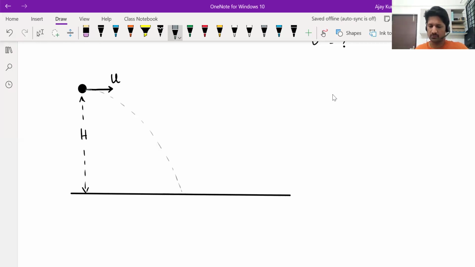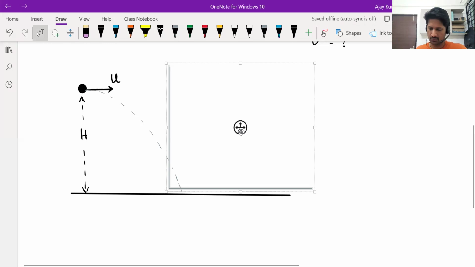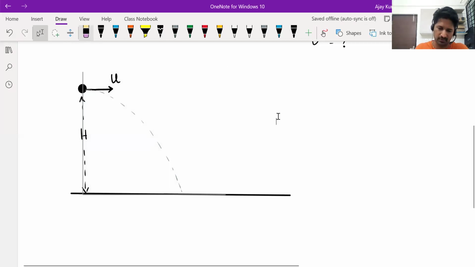U is known to us, H is known to us. What we have to do first is fix a reference frame. Reference frame means you have to fix the coordinate axis with the origin somewhere. Where you take the origin is your choice. If they give you in the question, you will have to follow that. Otherwise, it is up to you. For now, I'm taking the origin at that point on the ground which is vertically below the point from where the object is thrown.